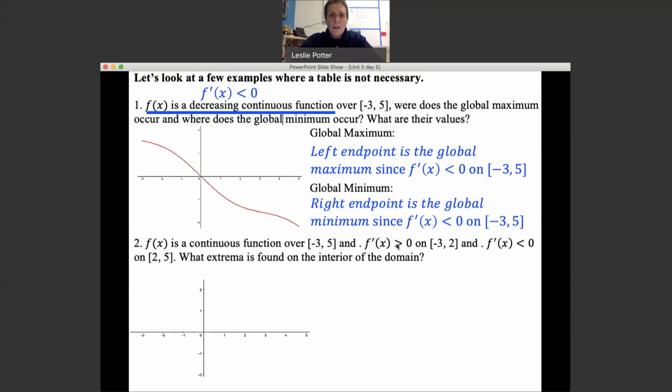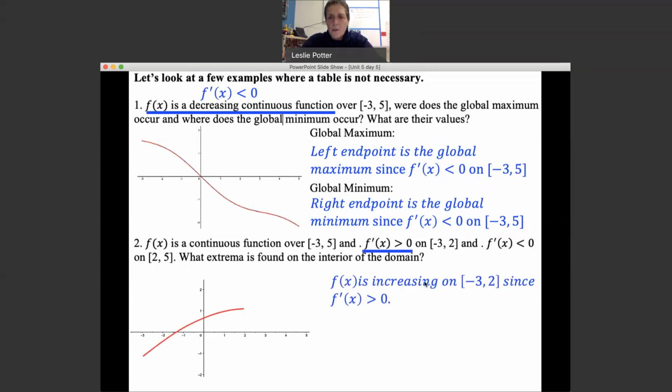So we know that a positive derivative means the function is increasing. So we're increasing on that interval, so maybe something like this. Okay, we can't have any hills or valleys in here because we know that the derivative is always positive on this interval. We always have to have a positive sloping tangent line.